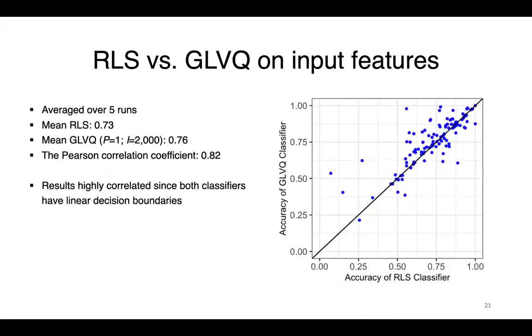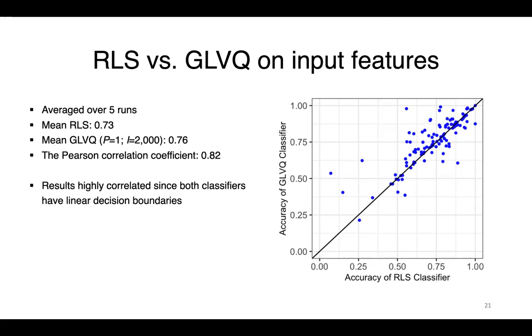We conducted our own experiments to compare the RLS and GLVQ classifiers. In one experiment, we trained both classifiers on just the normalized input features and restricted the GLVQ classifier to only one prototype per class. Accuracies for both classifiers were averaged over 5 independent runs on the datasets. I mentioned earlier that the mean accuracy of the RLS classifier was 0.73.